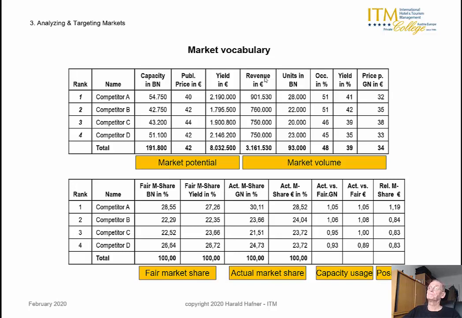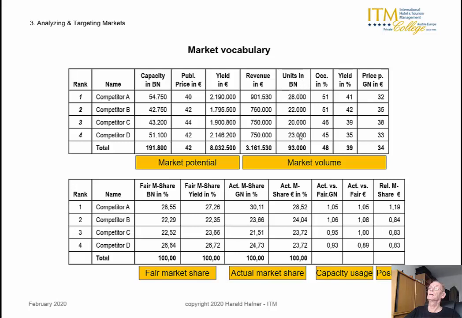The next columns refer to the market volume, the results that have actually been achieved. As you can see here, the revenues have been evaluated from competitor A to competitor D. So the total market volume in euro is 3,161,530 euros. The same thing happens as far as the served bed nights are concerned.